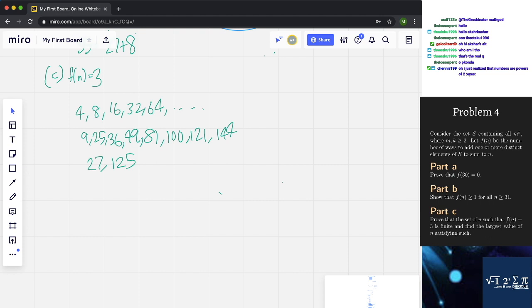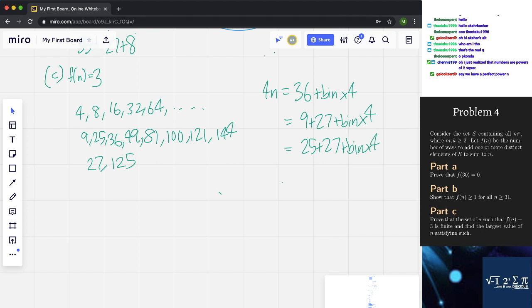Okay, so for 4n, we can write it as 36 plus binary times 4. 9 plus 27 plus binary times 4. 100 or, actually, 25 plus 27 plus binary times 4. So these look like the 3 smallest representations, unless I'm missing something clearly.